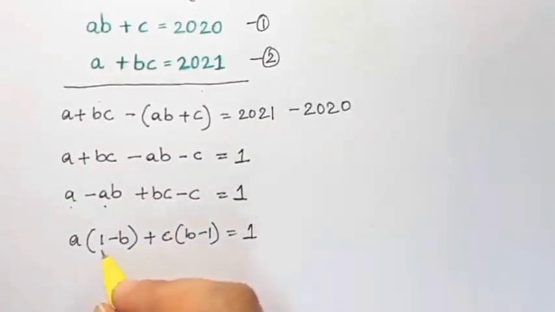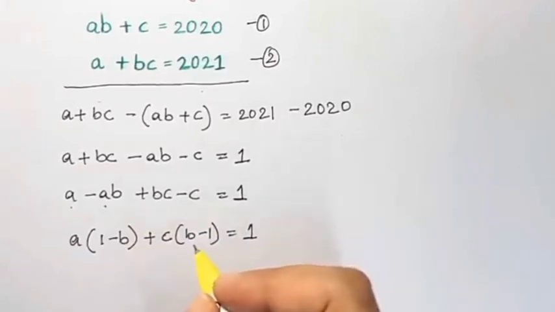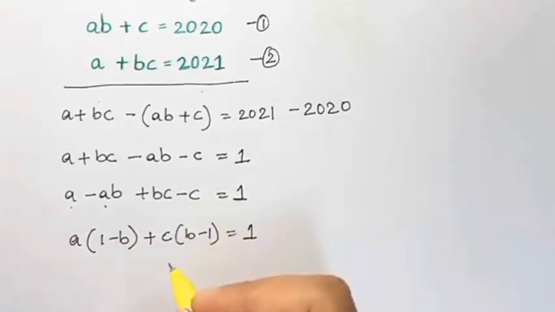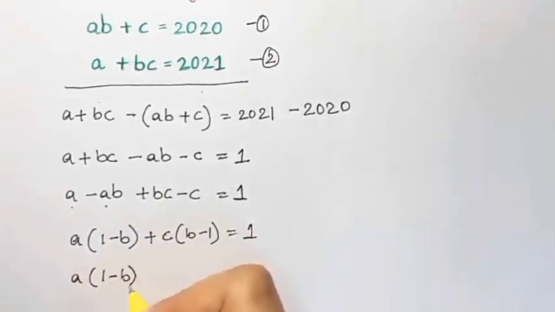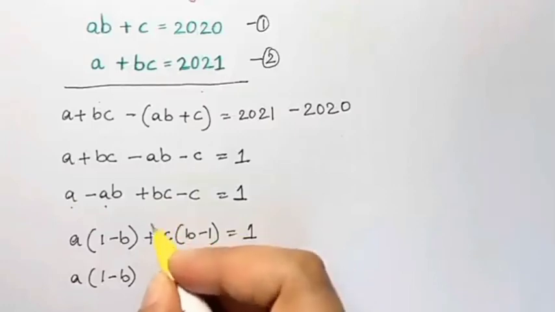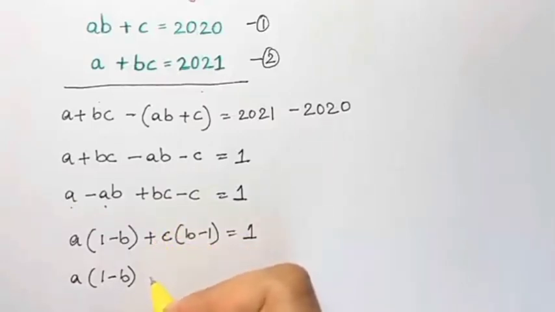Here I have 1 minus B and here I have B minus 1. They're not same. There's a difference of signs here. So let me make it similar to that. So I have A into 1 minus B. What I'm going to do is take minus 1 outside.